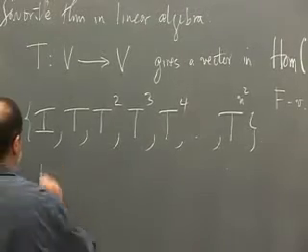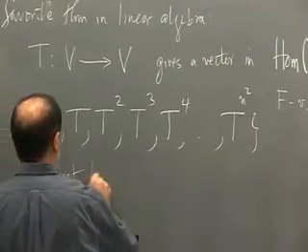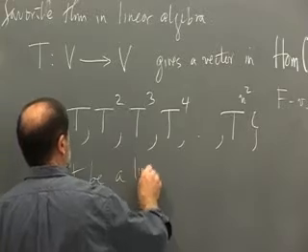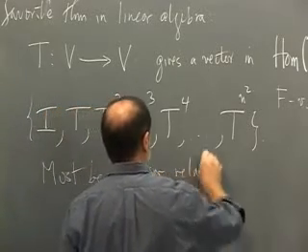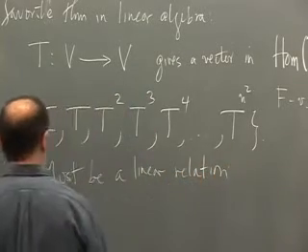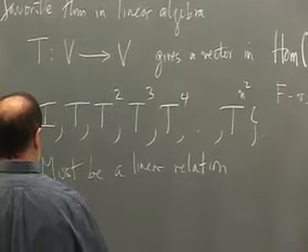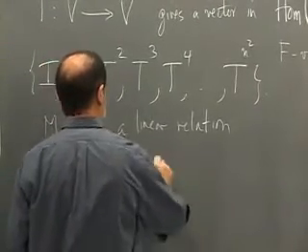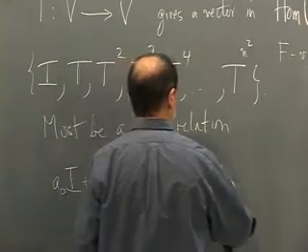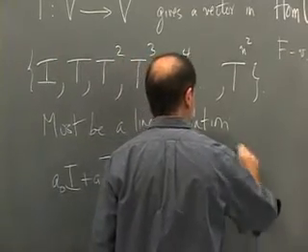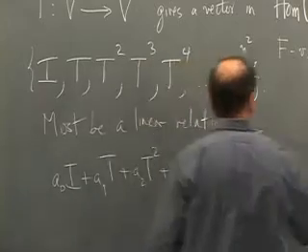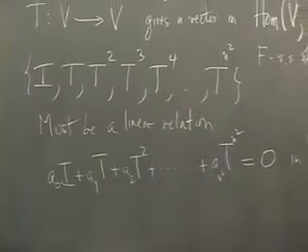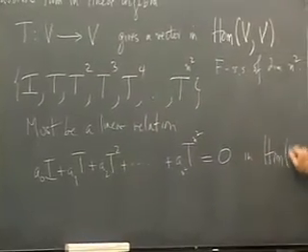Exactly. A linear relation means something of the form a0 times I plus a1 times T plus a2 times T squared plus ... plus a_{n squared} times T to the n squared equals 0 in this vector space, Hom(V,V).